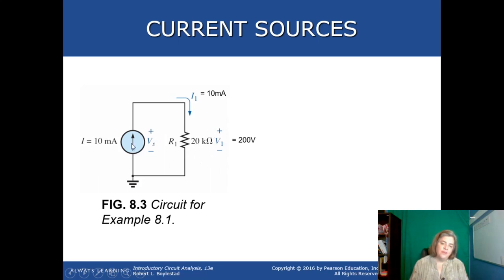And since that's in parallel with our current source, that means that our source voltage is 200 volts. So you might have to start thinking a little bit backwards from what we did before. Remember, we used to reduce circuits down so that we could find their source current. Now we might be reducing them to find the source voltage.